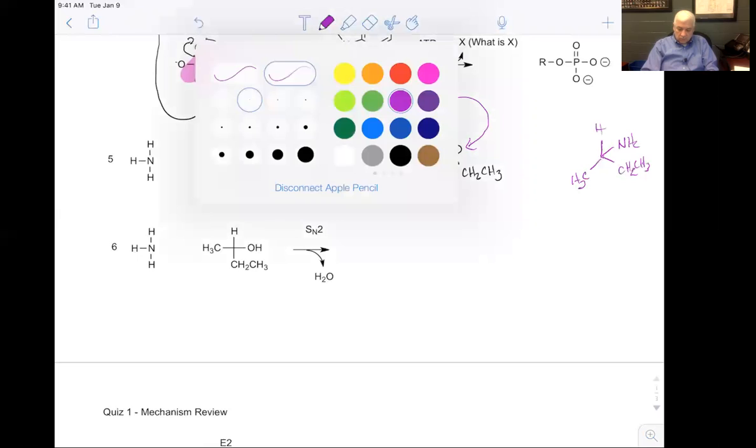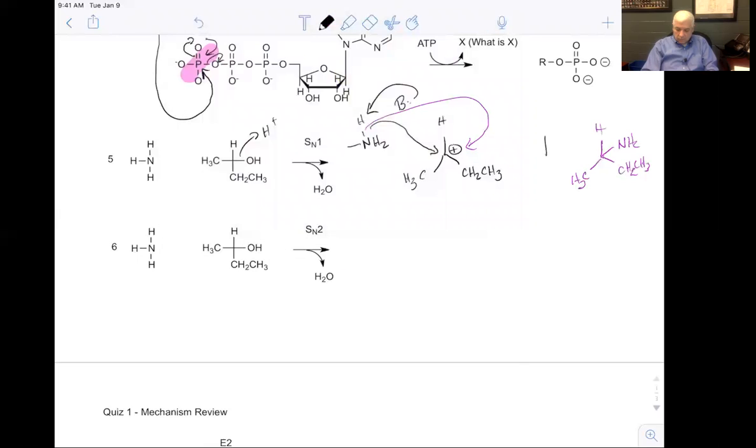Or I'm going to have the H, the NH2, the CH3, and the ethyl group. What I get is a mixture of two different enantiomers. And the distribution would be 50-50%. This would be called a racemic mixture.